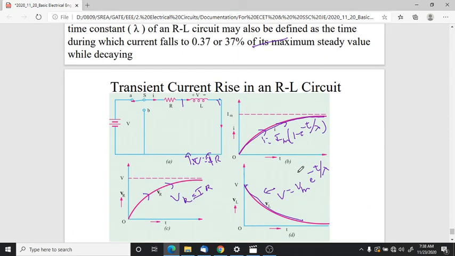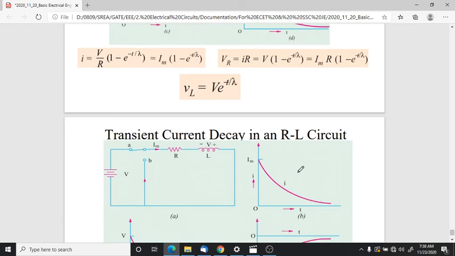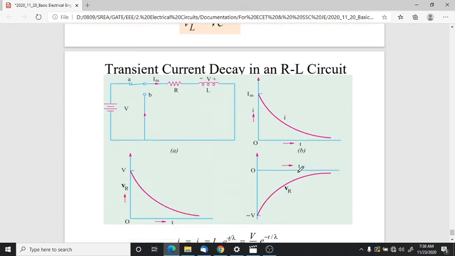These are the transient current rise in the RL circuit when the switch is closed. Suppose the switch is opened, meaning it is disconnected from the source and connected here. What will happen? Whatever energy is inside the inductor will circulate through this loop.